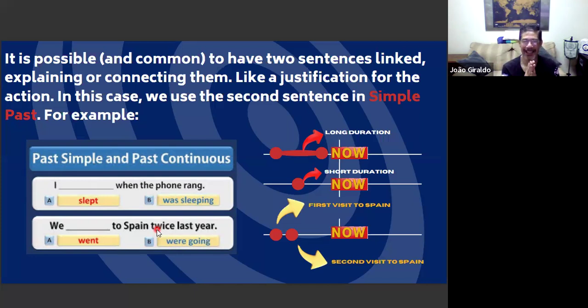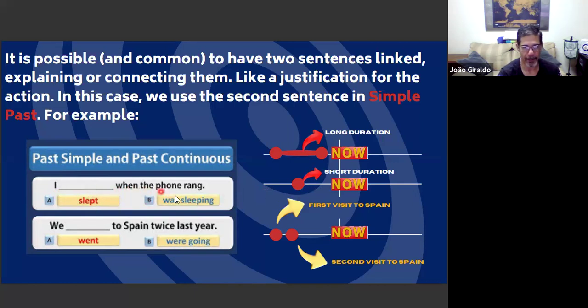And in this case, the second sentence, the additional sentence, comes in past simple or simple past, whichever name you prefer. Okay, so here I have the example. Here we are going to do together. Just understand here. Imagine, for example, this sentence, okay?